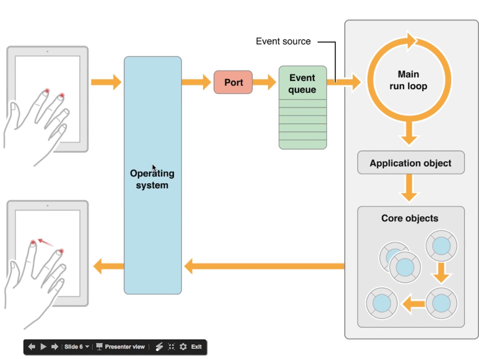This is, for example, you interact with the screen, and then this will go to the operating system. The OS will handle this one, and it puts everything inside a queue. So inside this queue, we have a main run loop here, and it will iterate one by one in the queue.